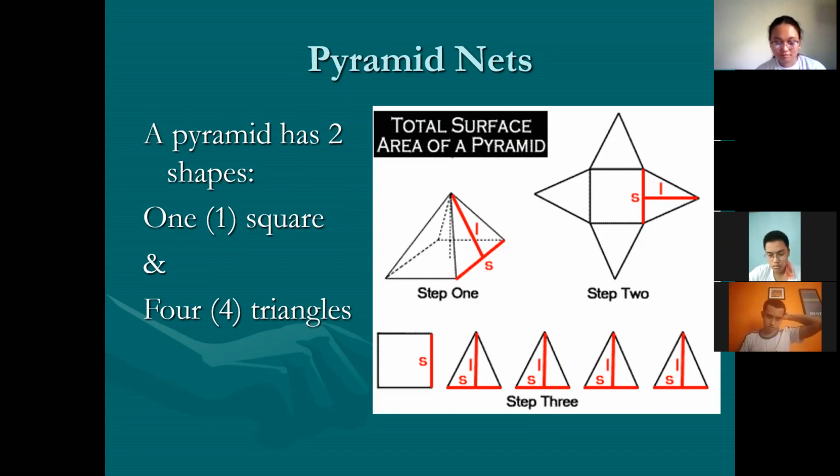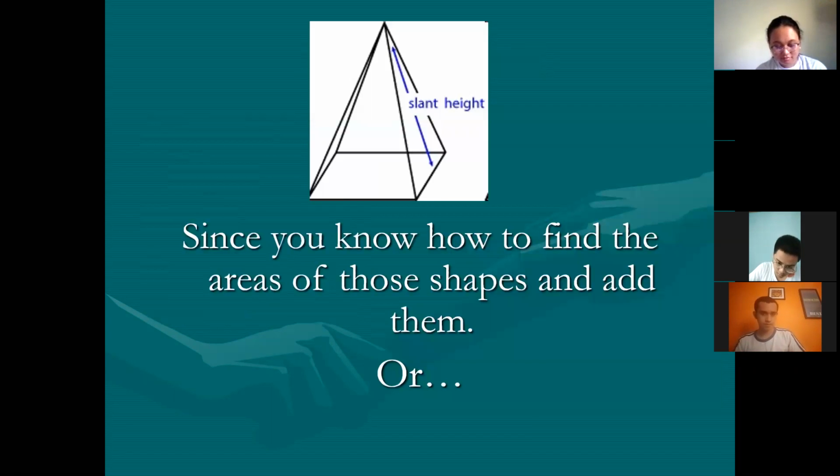But if the rectangle is the base of your pyramid, then you have 2 sets of equal triangles, left and right, front and back. And in your module, class, I note L to represent slant height. In the formula, if you notice an L, that will represent the slant height of the solid.